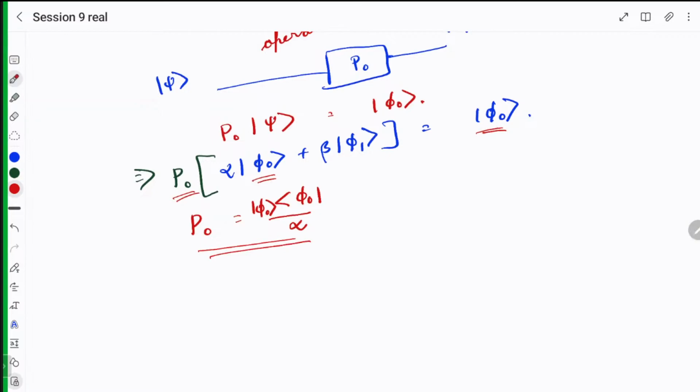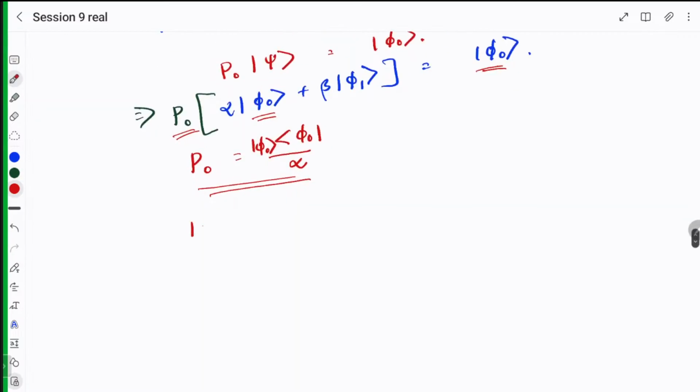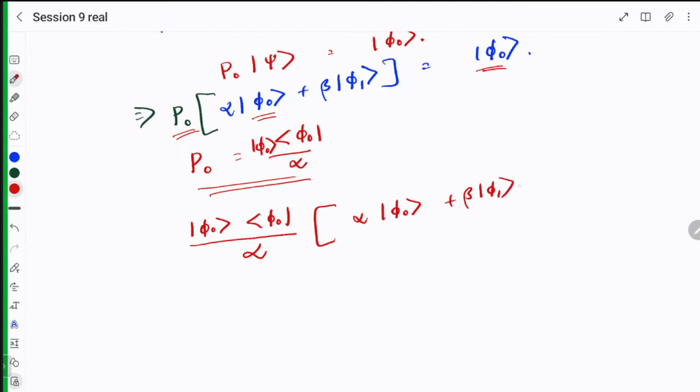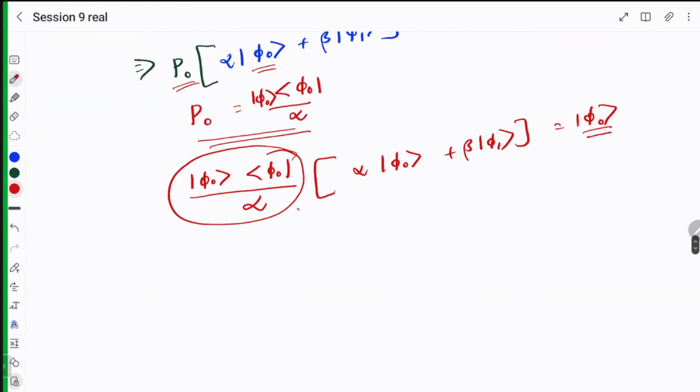So basically, here, if you have ket phi naught bra phi naught by alpha acting on this alpha phi naught plus beta phi 1, that's right, you would get this. So this is my operator, which would give me a phi naught from psi.